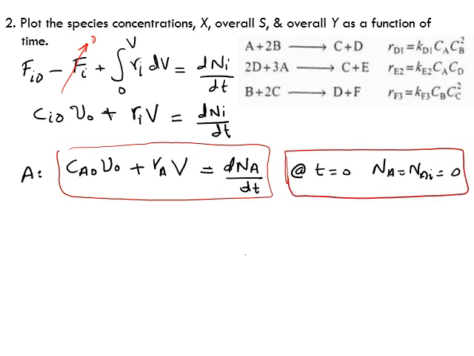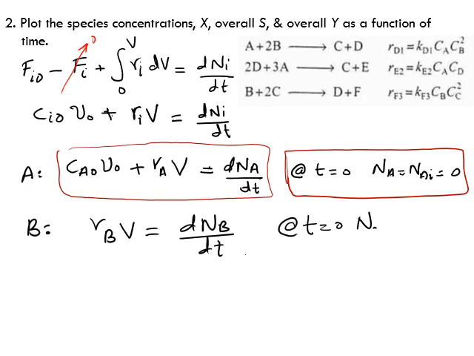Let's write for B. Do you have B in the feed? No, we don't have B in the feed. So we remain with RB times V equals dNB divided by dt. And again, at t equals 0, NB equals NBI, which equals a value. How do you calculate this value?